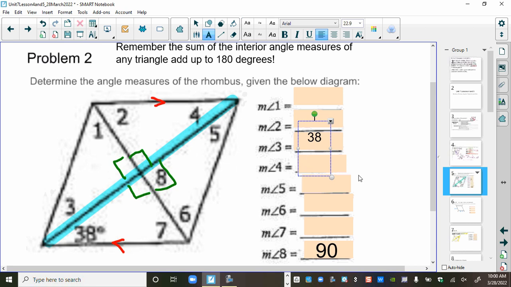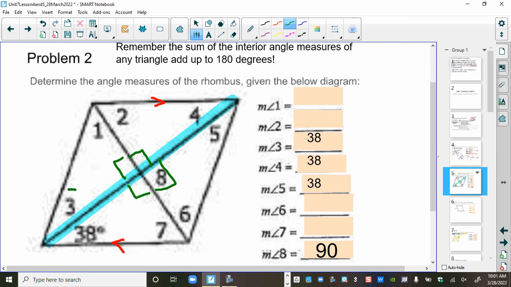So if angle 3 is 38, now we also know that 4 and 5 are also going to be how many degrees? Because you've got that alternate interior. 3 and 5 are alternate interior angles. And angle 4 is an alternate interior to that 38 degrees. So there you go. 38. 38. 38.